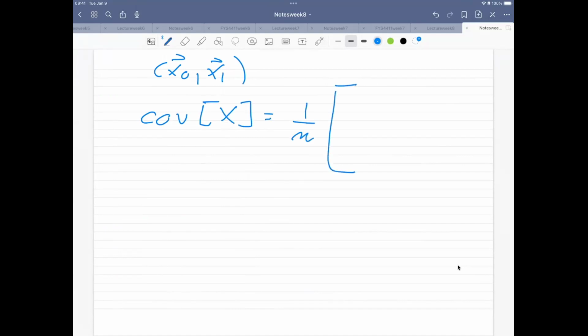And what I'm having now is the inner product of x0 with itself. And then I have x0 transpose times x1. Now, these are symmetric, so I could write it equal to the other non-diagonal one. So the covariance matrix is always symmetric.